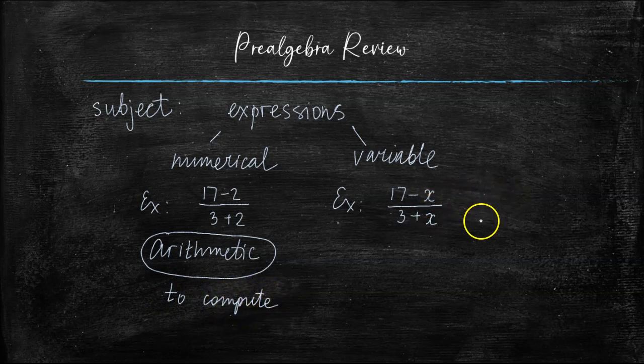Now, variable expressions may have one variable. Variable expressions may have multiple variables. So here's an example of a variable expression that has two variables. It's not that hard to imagine expressions that have more than two variables. So once we have variable expressions, which we're going to refer to as expressions, that's the main subject of interest in pre-algebra.